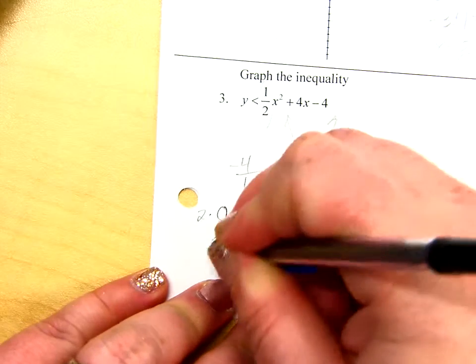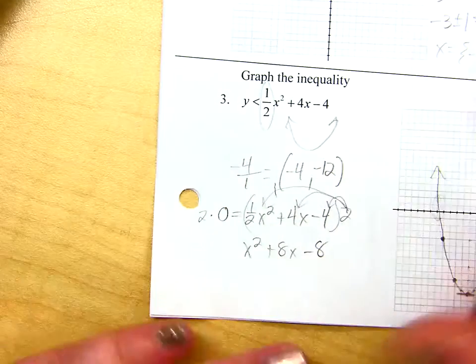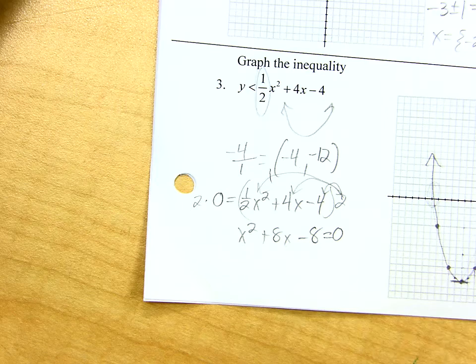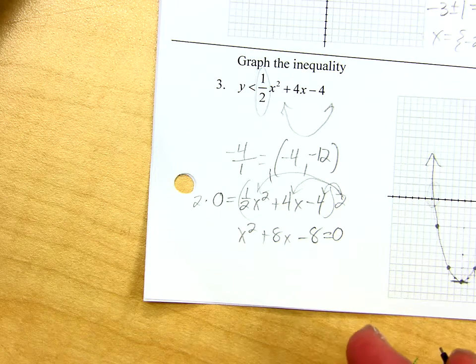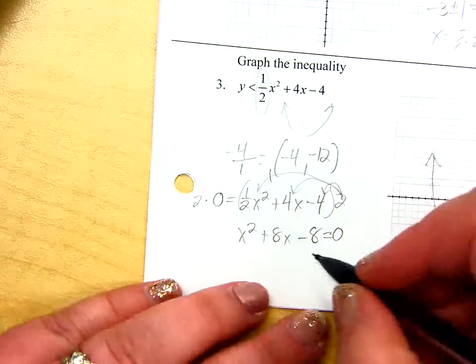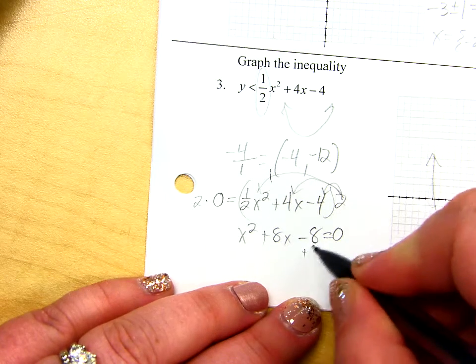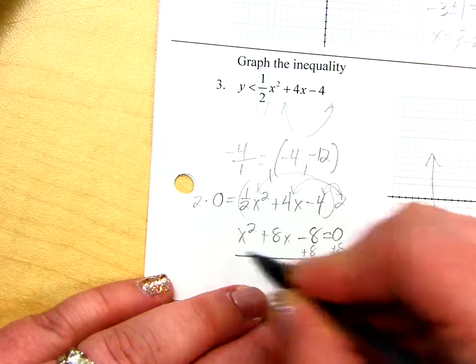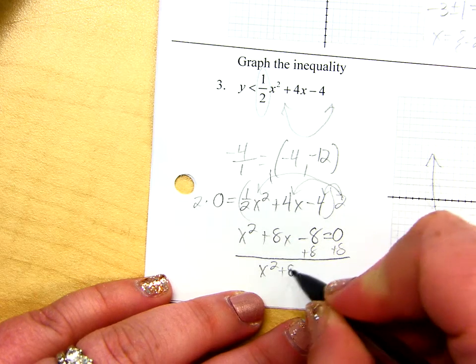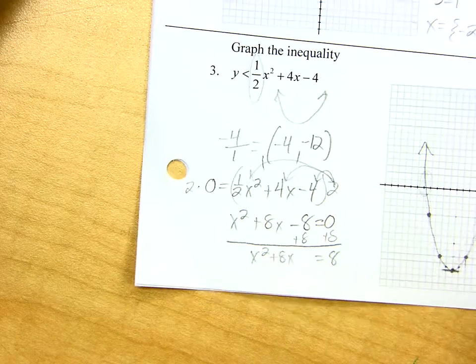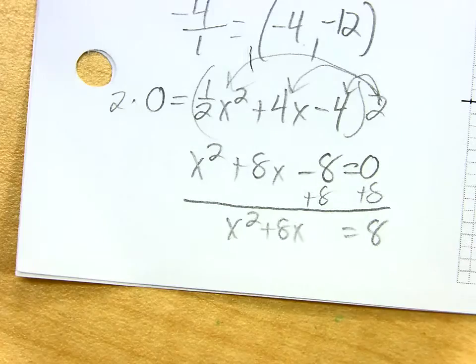I would complete the square, and I'm just going to write the equals 0 on the other side because I can't stand it on the left. I'm going to complete the square here because A is 1 and B is even, so it should be pretty easy. If you don't like it, do quadratic formula, if you remember it. What is it? Half of B and square it. So this way, you move C to the other side. Now I have to figure out what that magic number is. Half of B squared.